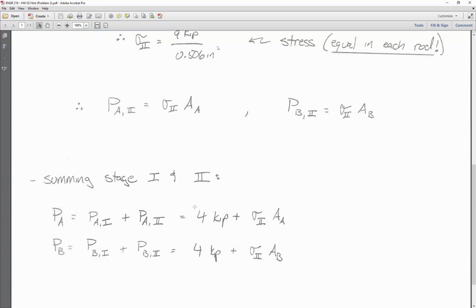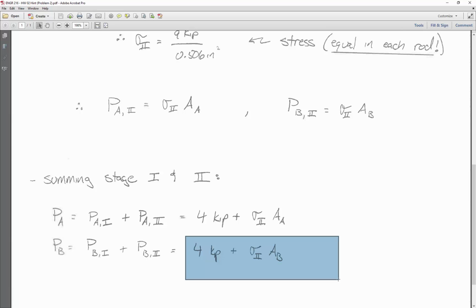That would just be 4 kips for stage 1 on both A and B, plus the stress times the area. Once I get the load in cable A and the load in cable B, I can then determine the percentage. Because I know the total force, when it's all said and done, should be 21 kips: the 12 kips from stage 1 and the 9 kips from stage 2.